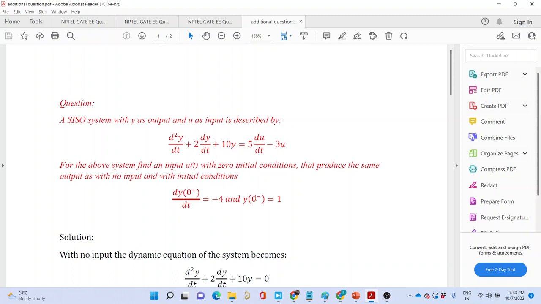No, the things that are given are true only for 0 minus. These are dynamic equations. y is not remaining constant. This is only at some instant it has been told to you. Initially, before I have started, the system has these values. You cannot simply replace dy/dt with minus 4 and y with 1. Okay, sir.